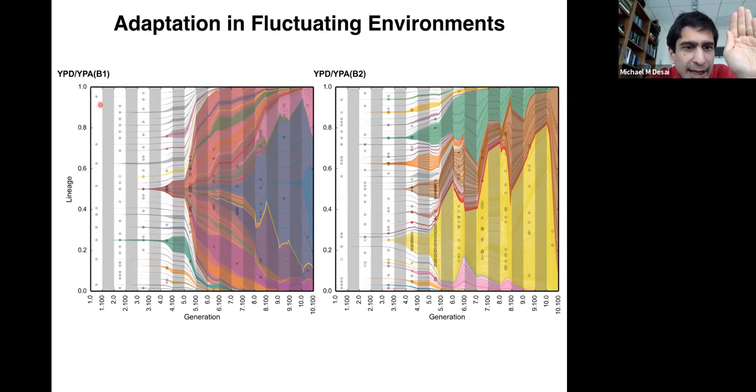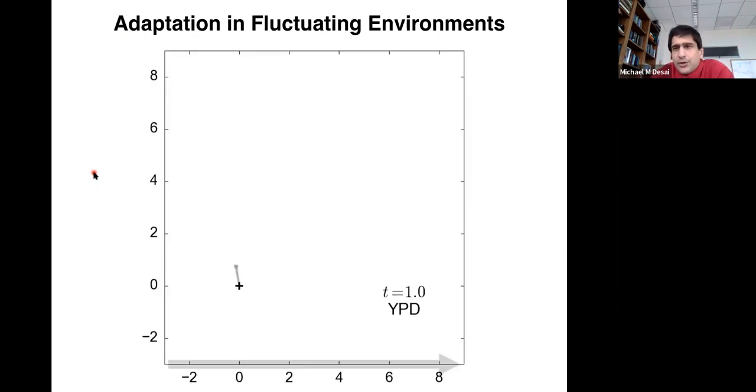We alternate every 100 generations, switching between the rich media and the stressful media, and then back and forth. There may be some mutations that help you in both conditions, some that help you in one but not the other. We just want to see what happens as these populations evolve. I'm going to play for you what happens.